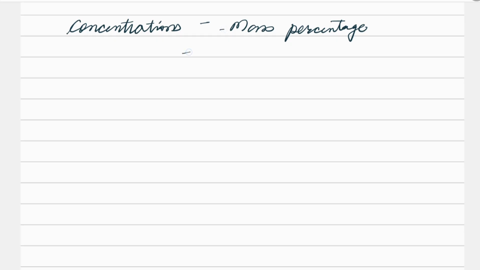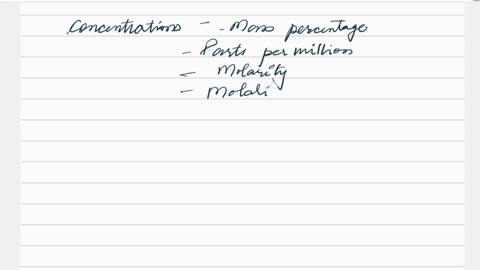Now we are going to do today parts per million, and the other ones, which are molarity, molality, and normality. There is another one which is known as formality. We'll touch a few basics of that formality one.